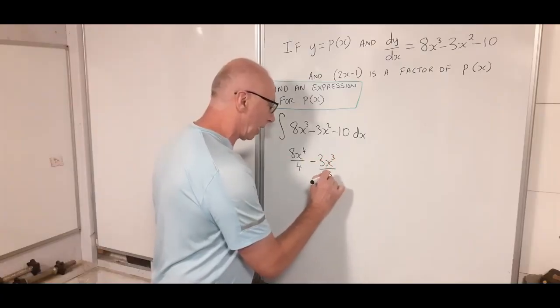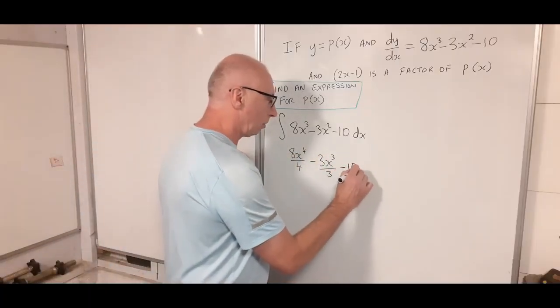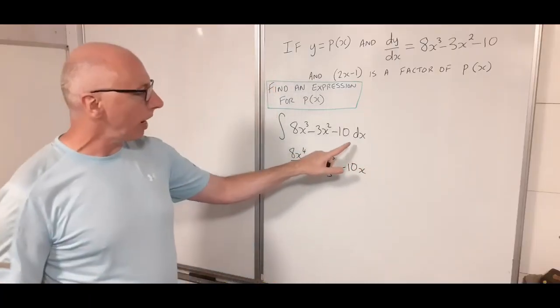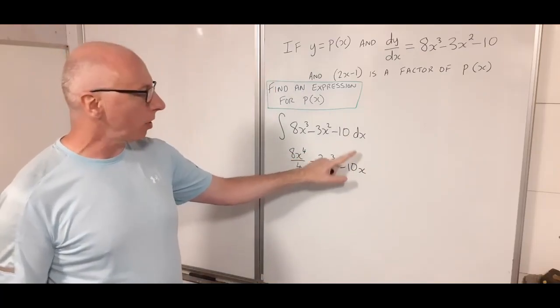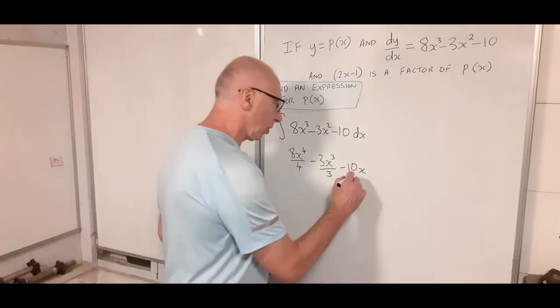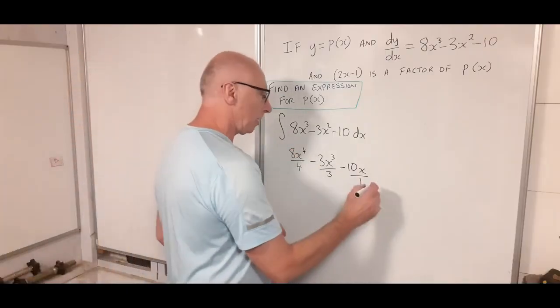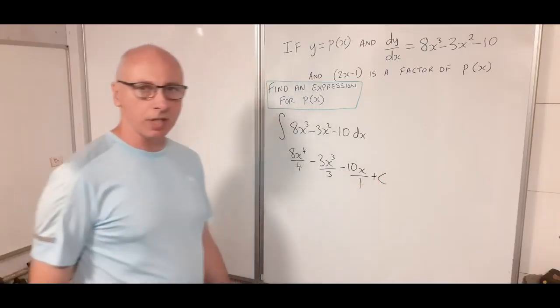Divide by the new power. And the same here, we've got minus 10. We're going to have an x in there. Here we've got x to the 0 because that's 1, so now we've got x to the power of 1. Divide by the new power, that is divide by 1. I'm going to put it in there so you can see it. It's very trivial, but it's in there. And then because it's indefinite, we need a plus c.